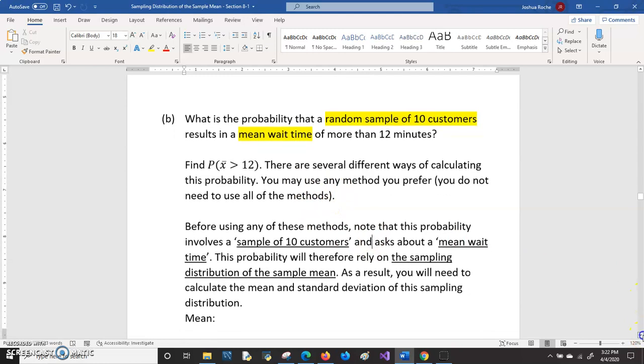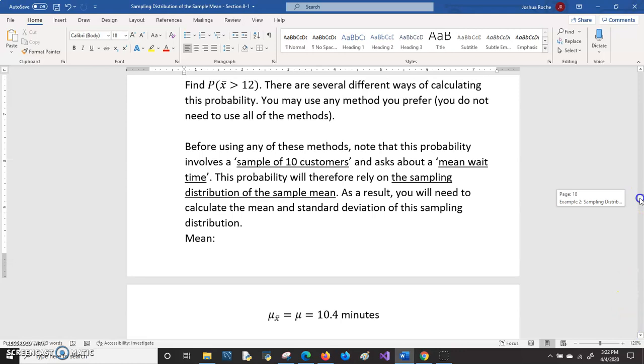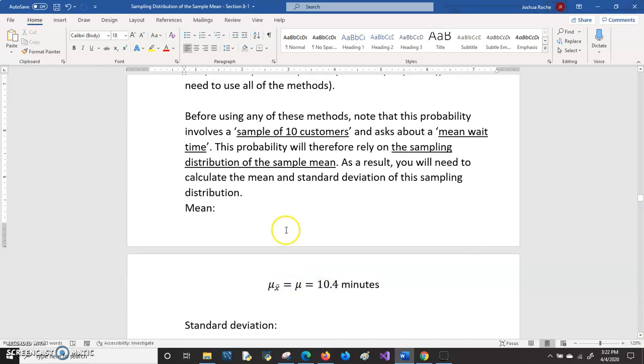Before using the calculator method or any of these methods, we'll have to figure out the mean of the sampling distribution and the standard deviation of the sampling distribution, because all of this mention of samples and means means that we're dealing with a sampling distribution.